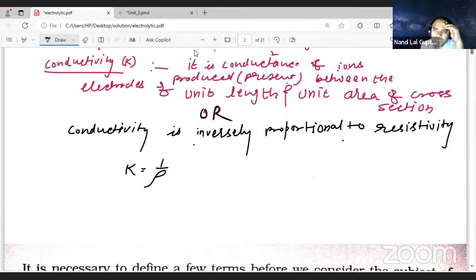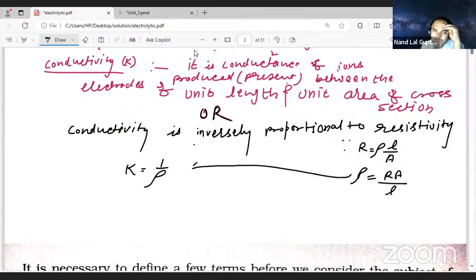Now since we know R is equal to rho L by A, so rho is equal to R A by L. So this value you are going to put here.